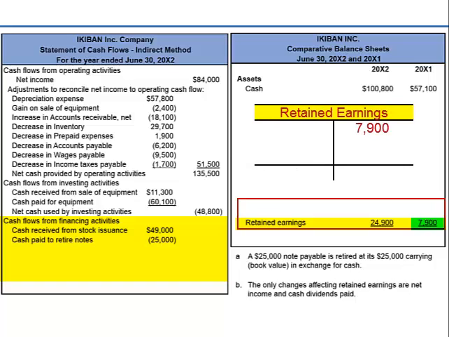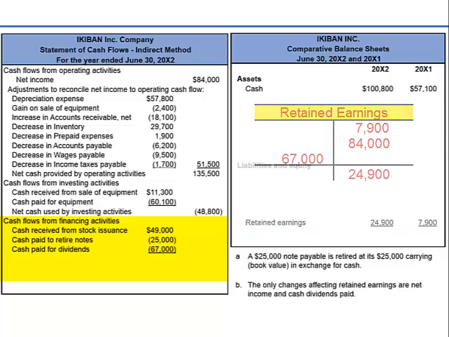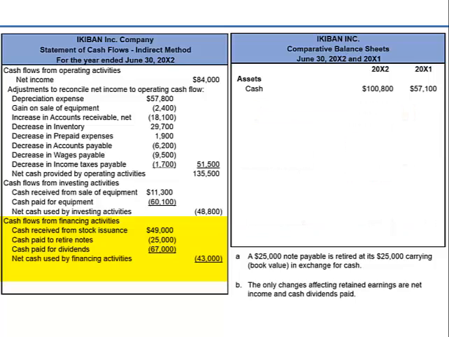The beginning balance in retained earnings, $7,900, plus net income of $84,000, is a subtotal of $91,900. Since the ending balance in retained earnings is only $24,900, the amount of cash paid for dividends must have been the difference, $67,000. Net cash used by financing activities is $43,000.